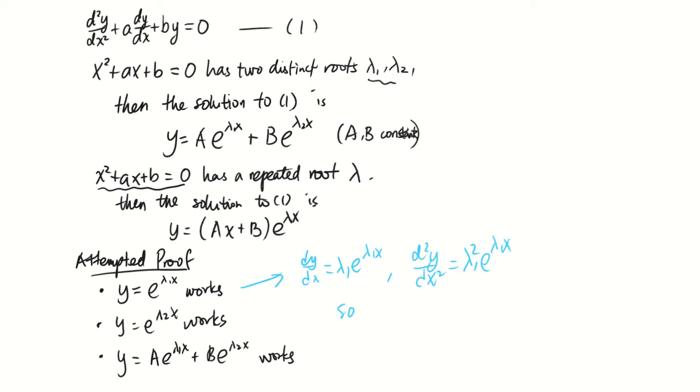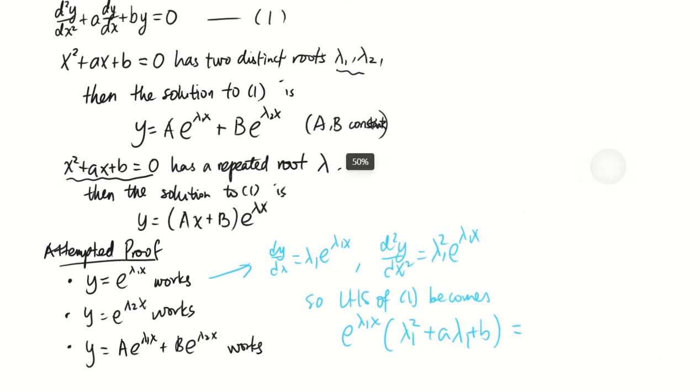So the left hand side of 1 becomes e to the lambda 1 x times (lambda 1 squared plus a lambda 1 plus b), which equals 0. And why is this 0?